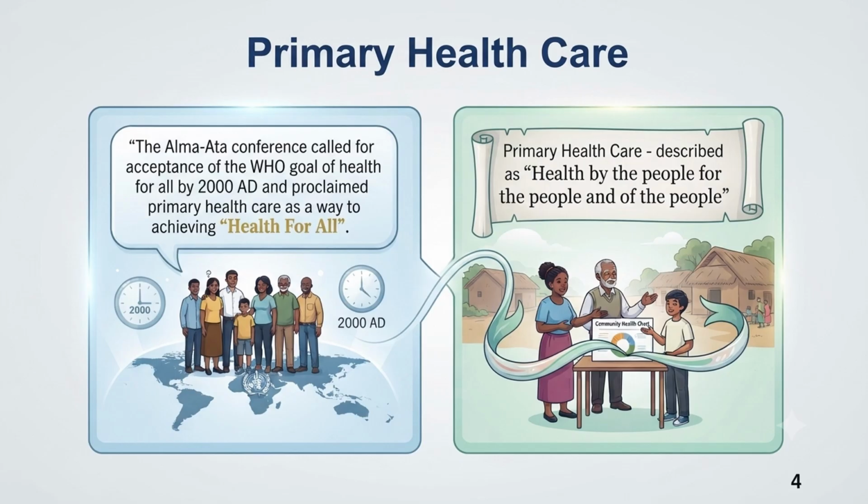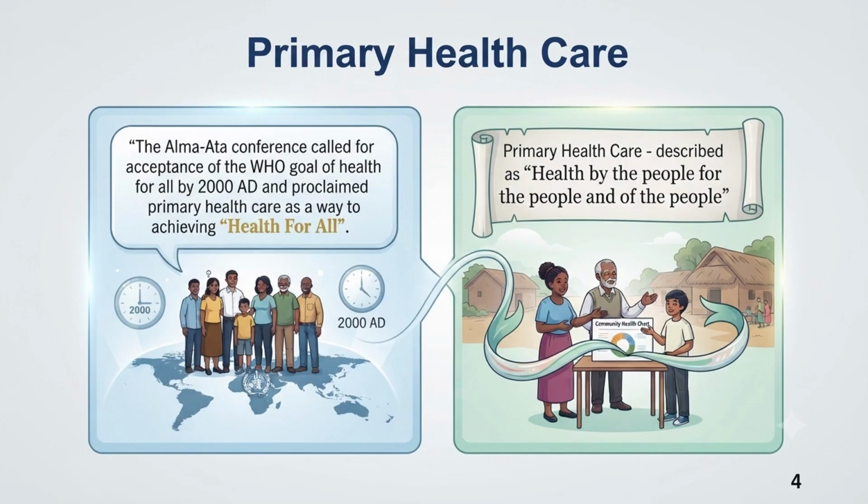There the representatives discussed how to achieve Health for All. After thorough discussion, they came to the conclusion that only through the primary healthcare approach can we achieve Health for All.